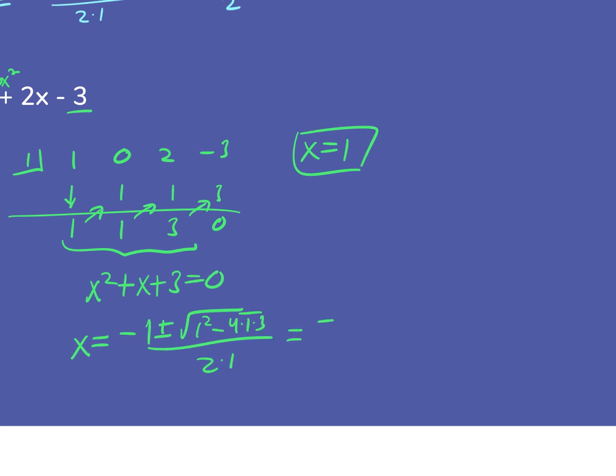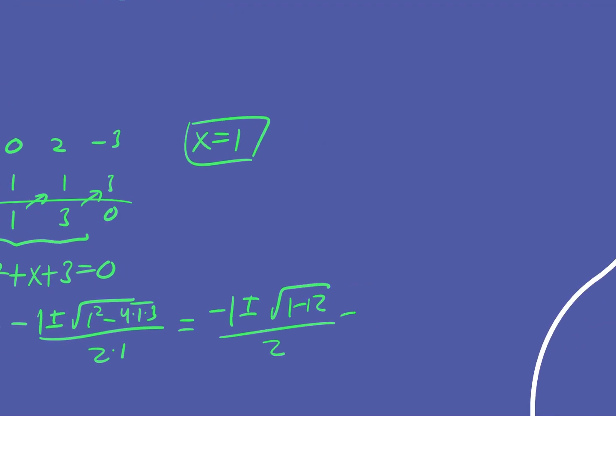This is going to get me a negative 1 plus minus the square root of 1 minus 12 over 2. And that's negative 1 plus minus the square root of negative 11 over 2. And that negative 11 is i, right? So this becomes negative 1 plus minus i square root of 11 over 2.